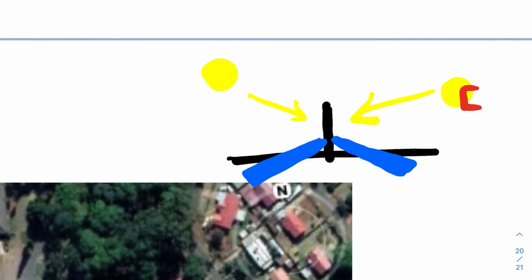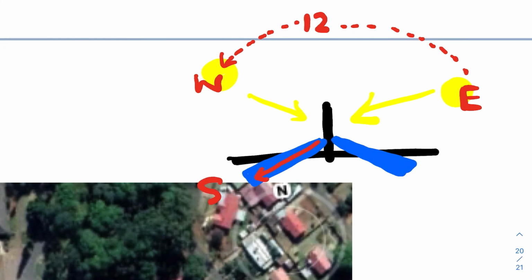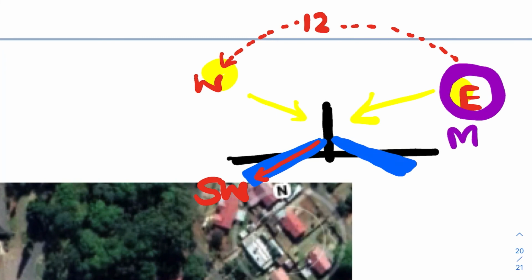So what we can do is relate this to knowing that the sun rises in the east, moves up in the day, and is usually overhead at 12 noon, and then starts to set in the west. So if the photograph is showing shadows that are pointing to the southwest, we know that the sun was actually in the east at that time.